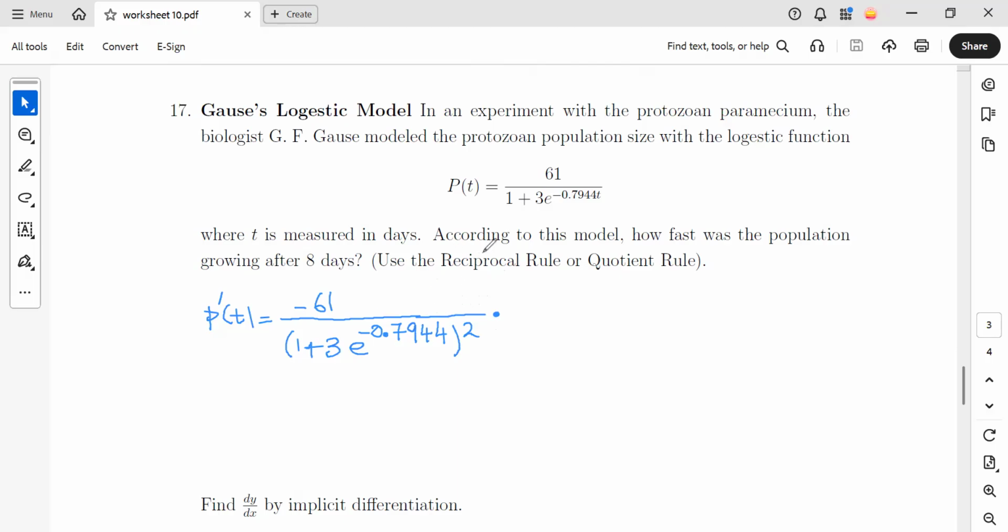And also that reciprocal rule is when you have 1 over a function, but this one is 61 over a function. So we would multiply 61 to it.